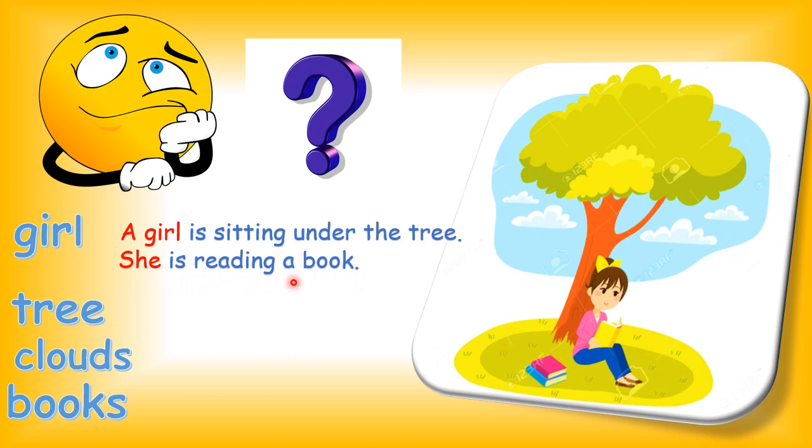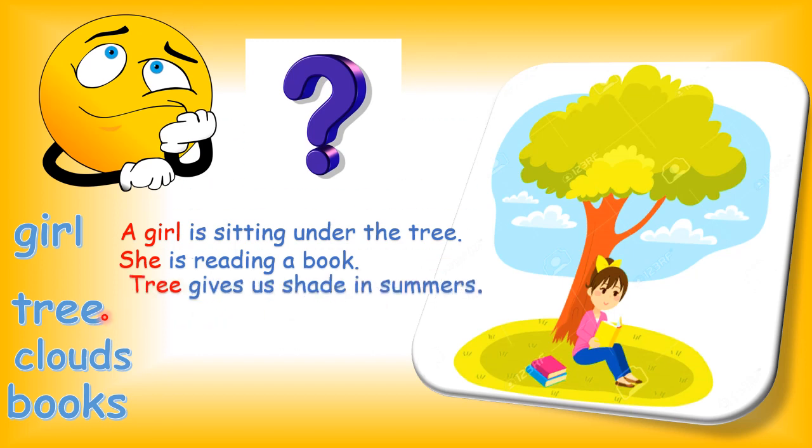So this is the predicate. She as subject and is reading a book as predicate join together to form a sentence. Okay, children, this is the complete sentence. She is reading a book. A girl is sitting under the tree.